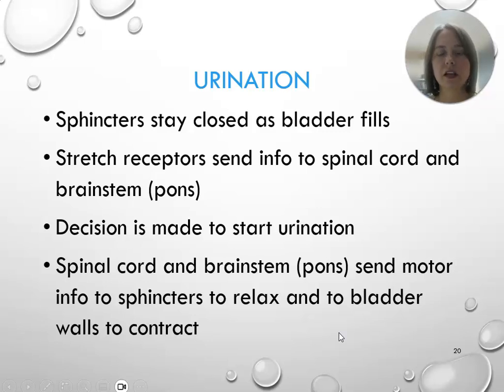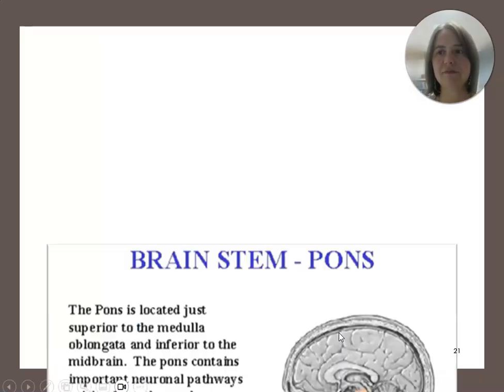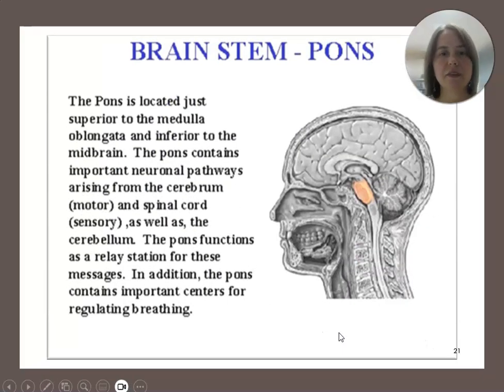It's made out of skeletal muscle, telling those sphincters to relax and open. The motor information also tells the bladder walls to contract. So the sphincters open and the bladder wall contracts and urine comes out of the bladder. That is how you urinate.